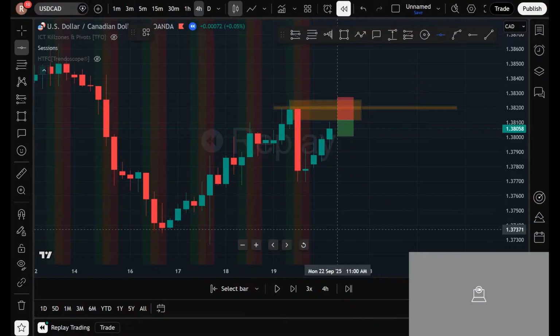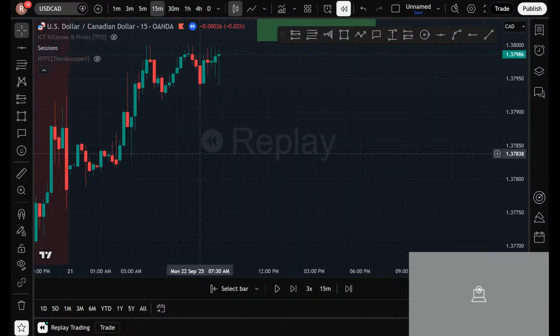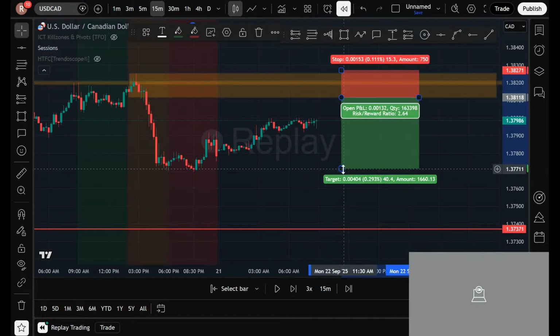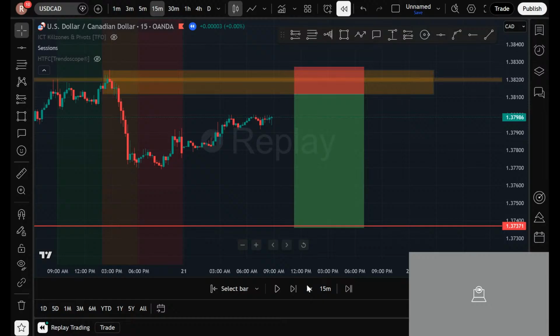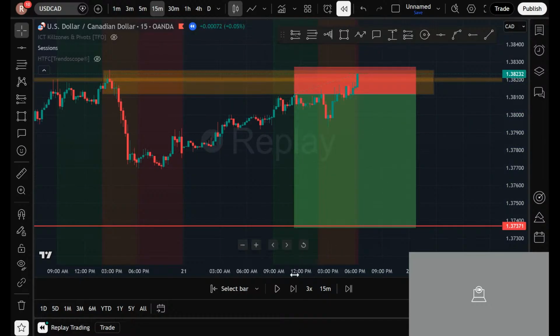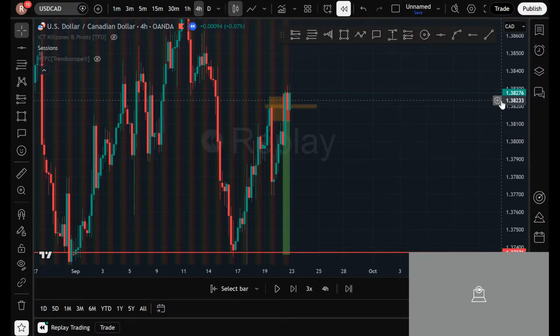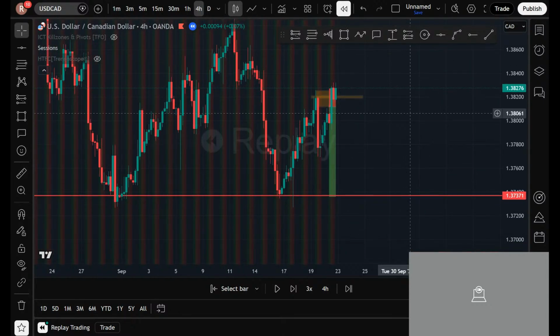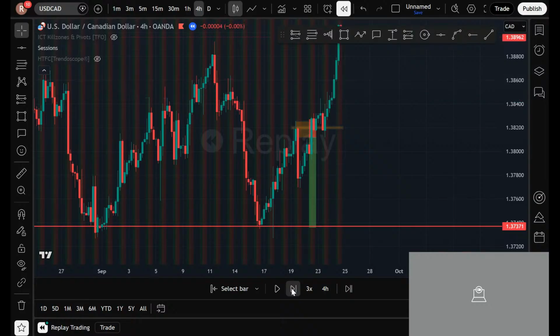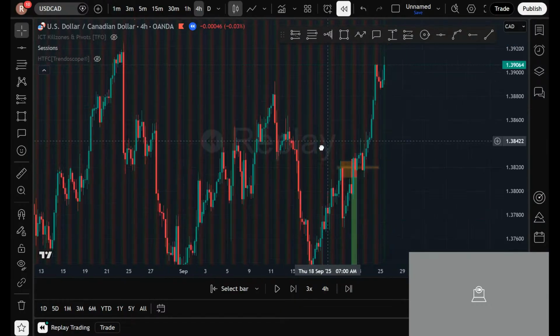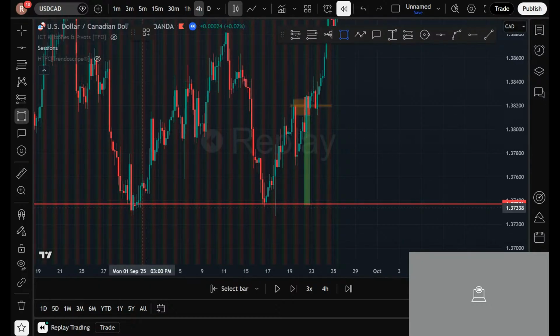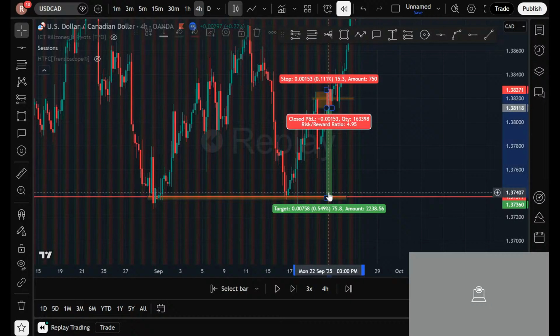This would be my final take profit. But buyers had bought it from this zone. This should not be my TP, this should be my TP actually.